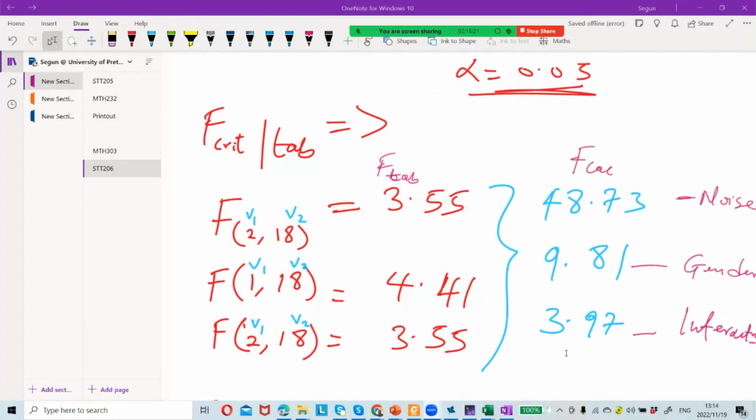We reject H naught, and conclude that hence the noise does have a significant effect on the mark obtained. Or for the gender, all of them you have to reject H naught and accept the alternative hypothesis. I hope we are clear now.